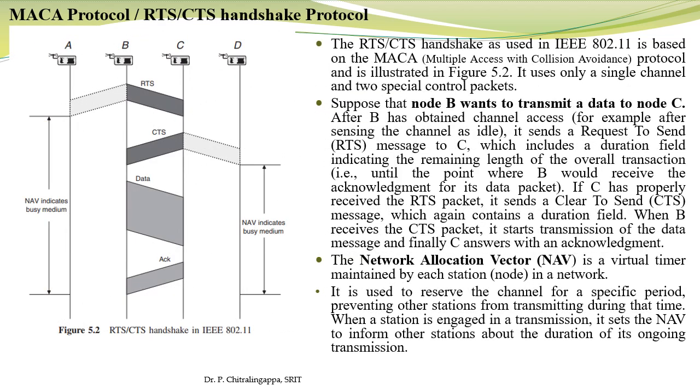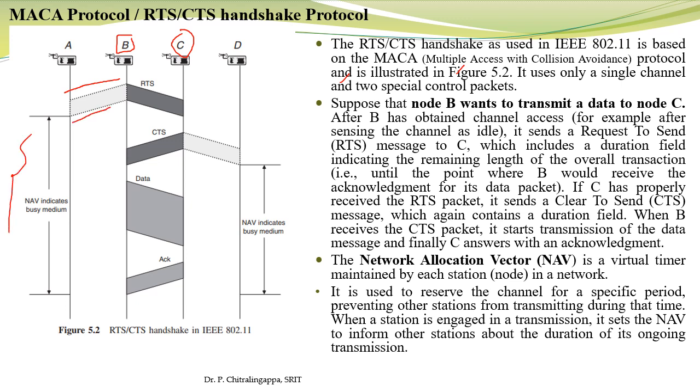This is one example. Station B wants to send data to station C, so station B sends one RTS signal, request to send. Whenever it sends the signal, the remaining stations are immediately blocked.